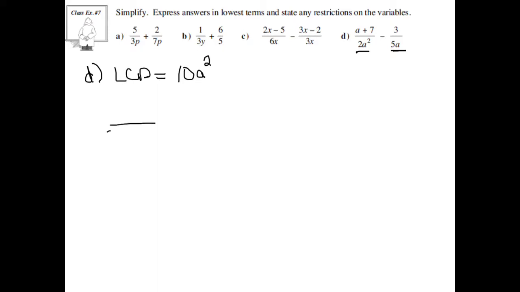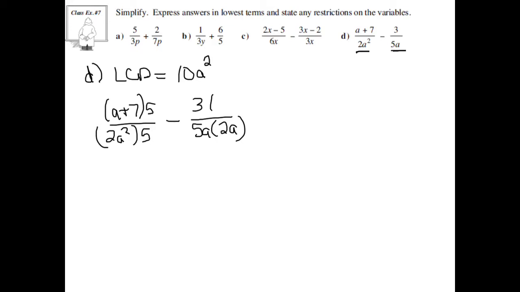Now to get 2a squared to equal 10a squared, that means I'm multiplying by 5, which means my a plus 7 also needs to be multiplied by 5. Now we're subtracting 3 over 5a, and to get 5a to be 10a squared, I need to multiply by 2a, which gives me 3 also times 2a.